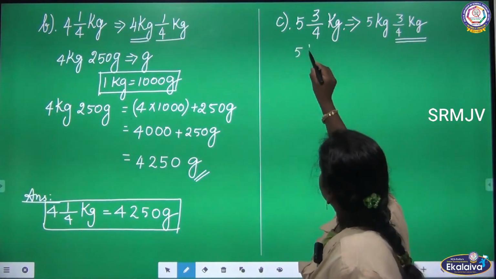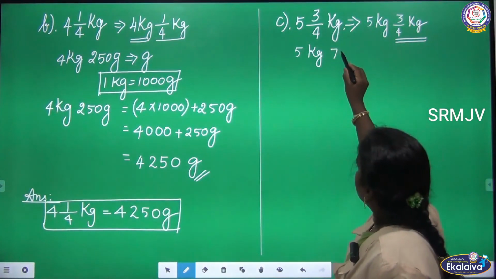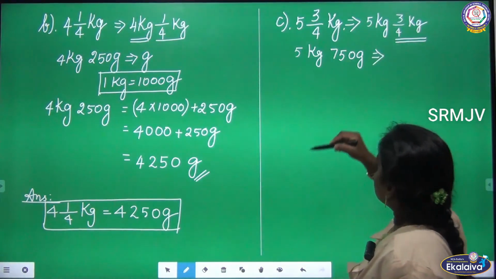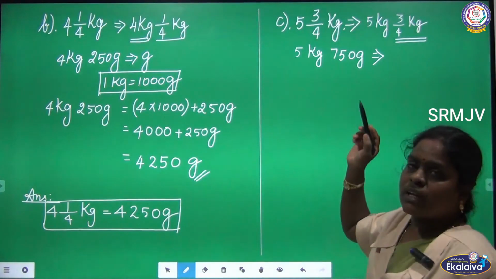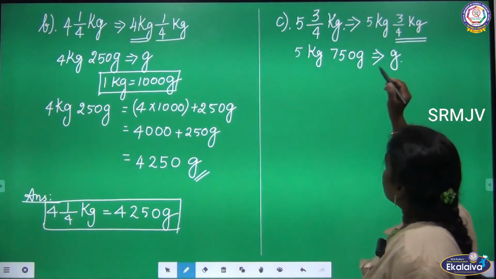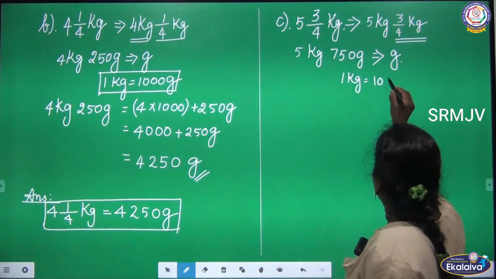Let us write in grams. 3 by 4 kilogram equal 750 gram. So we are going to convert 5 kilogram and 750 gram into grams. So we know the formula. 1 kilogram equal 1000 gram.